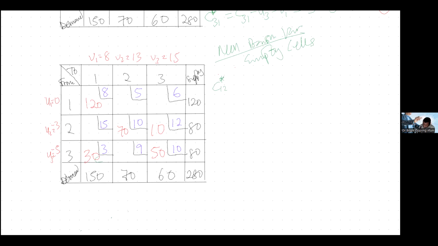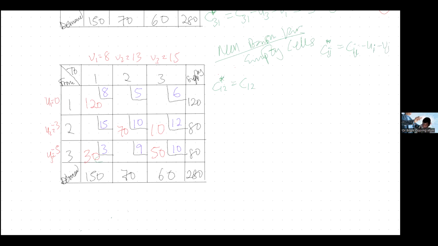Remember the formula: Cij asterisk is equal to Cij minus Ui minus Vj, right?